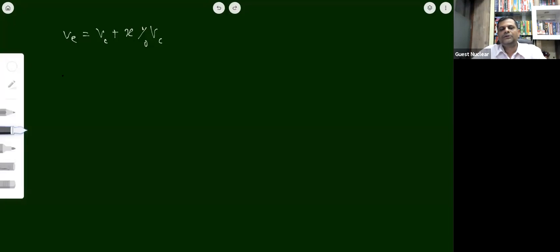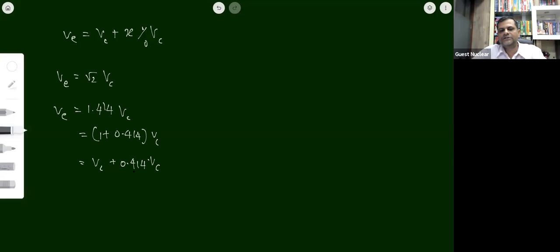So for that, look, we already know that VE is √2 times VC, right. So VE can be written as 1.414 into VC, which can also be written as 1 plus 0.414 into VC, which is VC plus 0.414 into VC, which can also be written as VC plus 41.4 upon 100 into VC, and this 41.4 upon 100 stands for 41.4% of VC, and that is the answer.